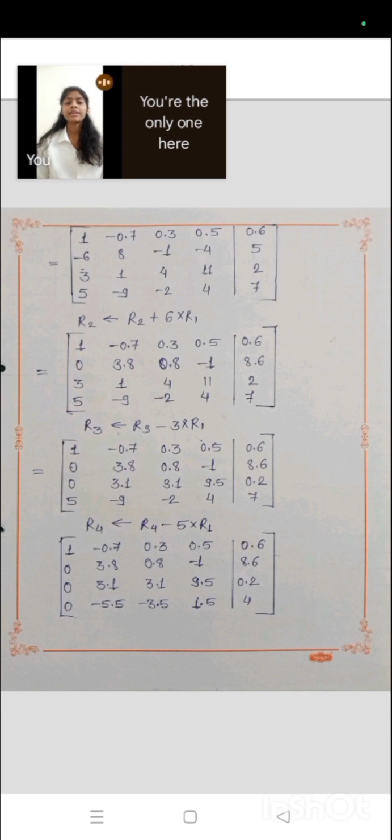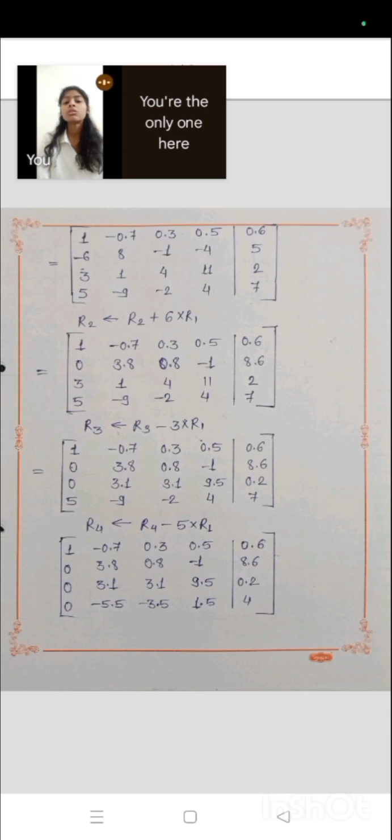Okay, here we write the row 3 and row 4 values as they are. Again we put the operation in row 3: R3 minus 3 into R1. The R3 value is 3 and the R1 value is 1, so 3 minus 3 into 1, the answer will be 0. So here we write row 3 column 1 value as 0, and again we put the operation in the next column of row 3.